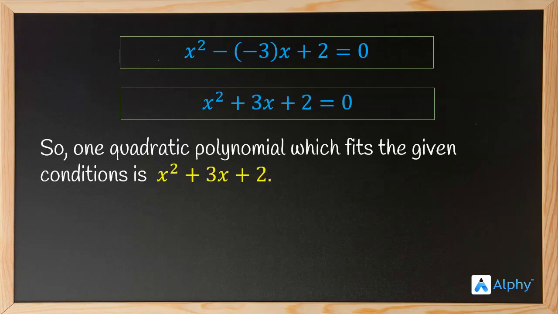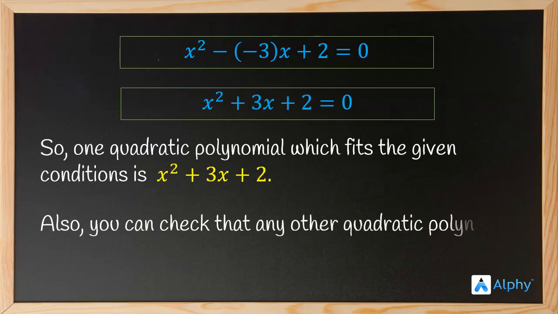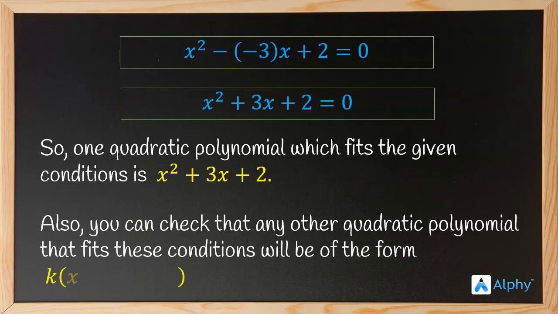Now what I am trying to say here is that this is not the only answer that you're going to get. This is one of the answers, because when you check, any other quadratic polynomial that fits these conditions will be of the form k into x square plus 3x plus 2, where k is real.